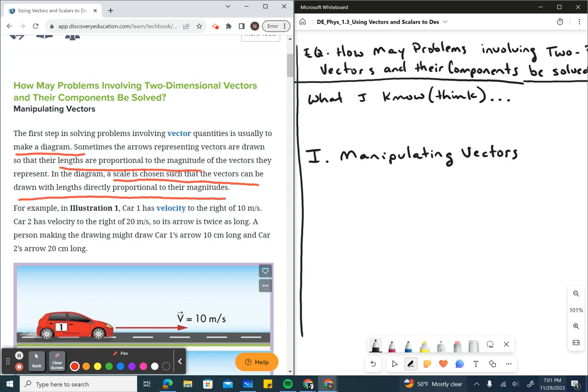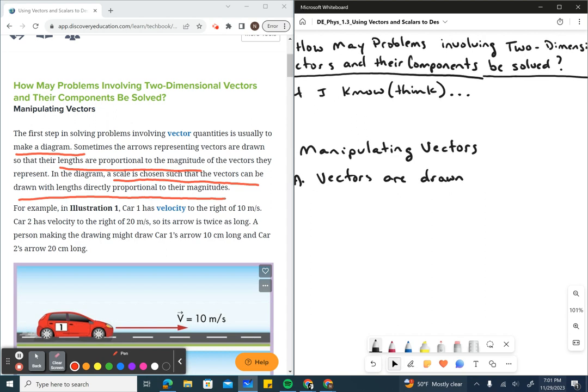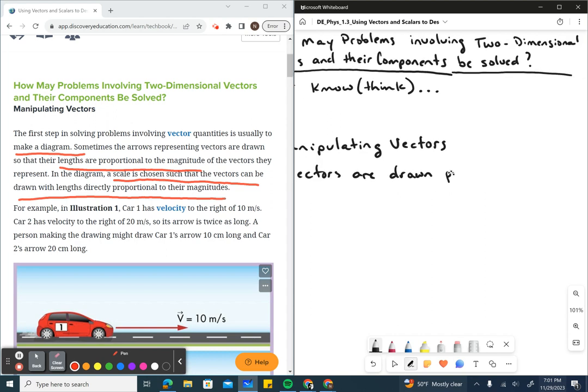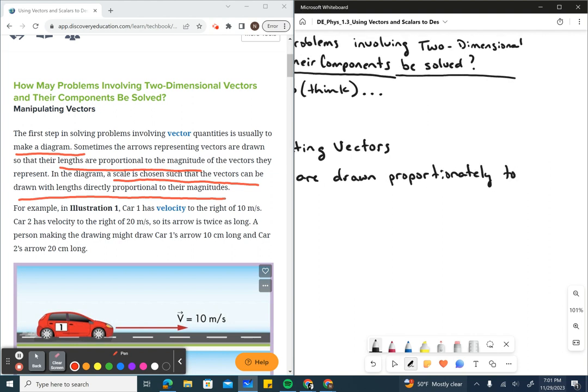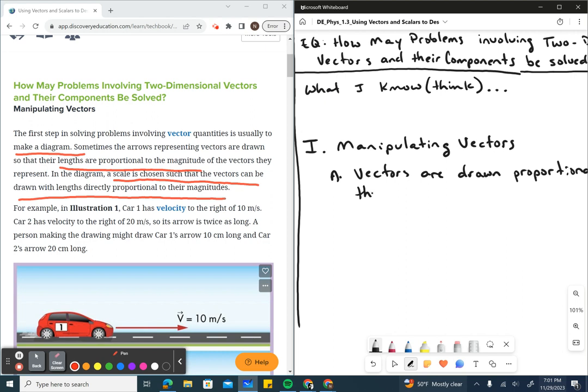Okay. So I guess we got some rules. Vectors are drawn proportionally to their magnitude.